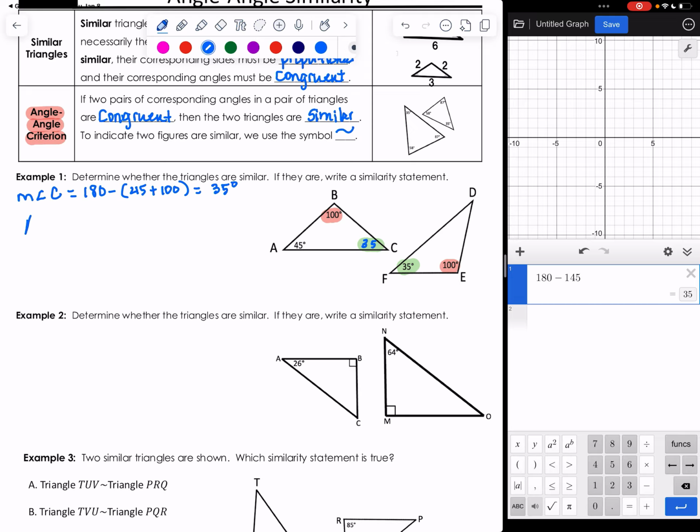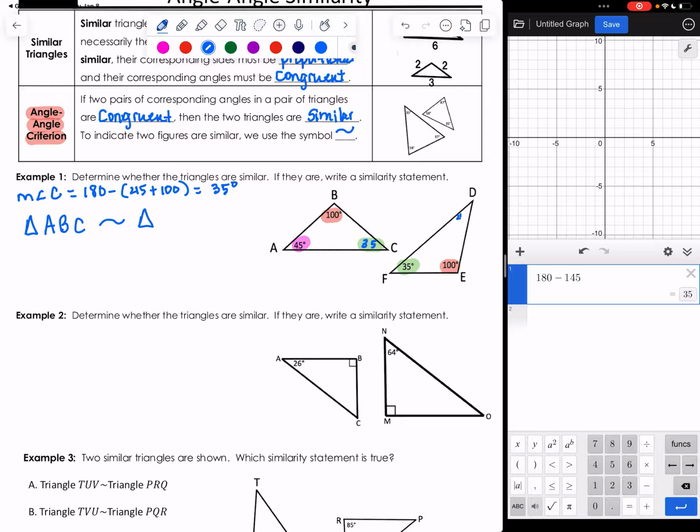I would say for a similarity statement here that triangle A, B, C is similar to triangle. Now, here's the important thing. I want to know which angle corresponds to angle A. So angle A, notice that it was 45 degrees. So which angle was 45 degrees in the other triangle?